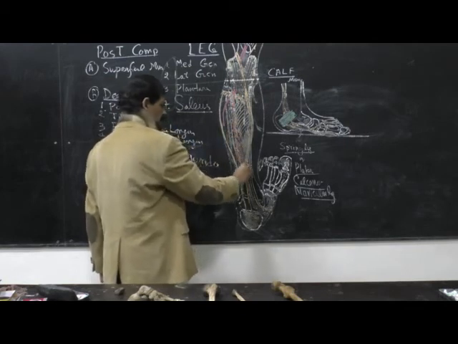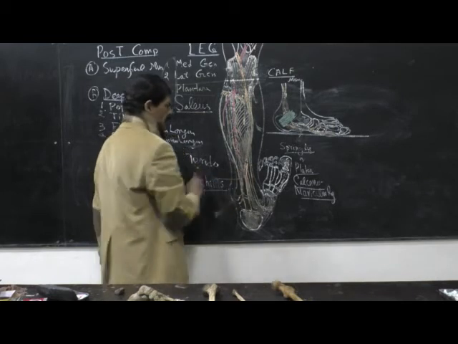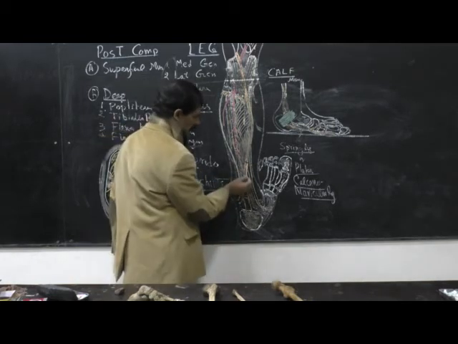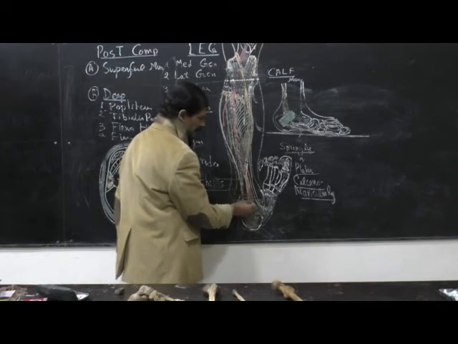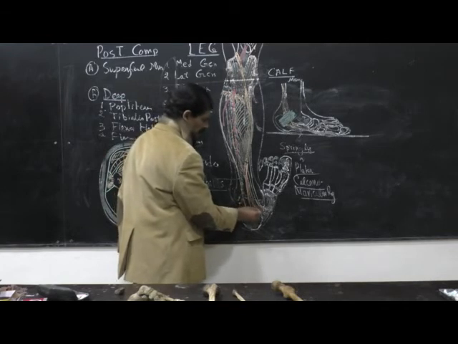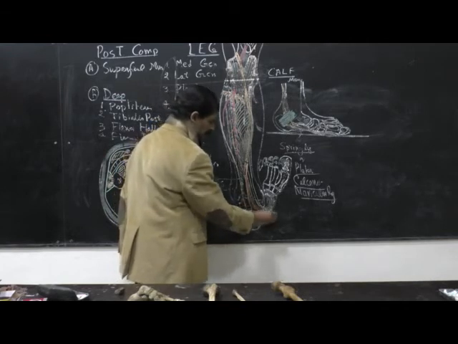After supplying all the muscles, the posterior tibial artery comes down behind the medial malleolus and accompanies the tendon of the flexor digitorum longus, and it enters with the tendon into the sole of the foot.